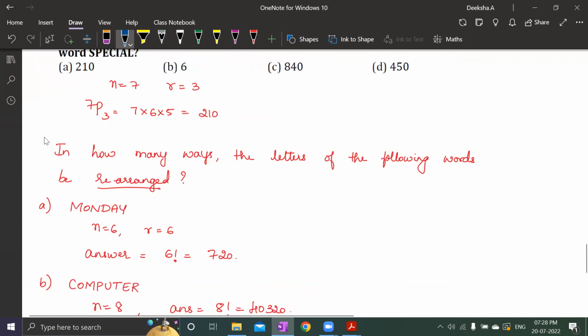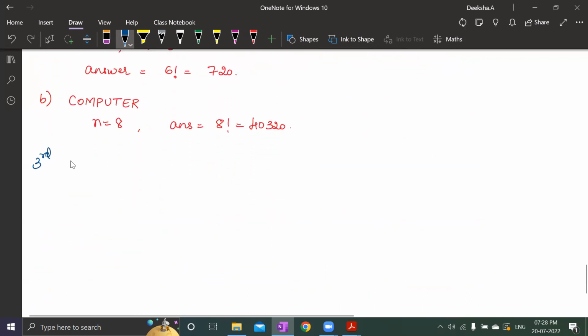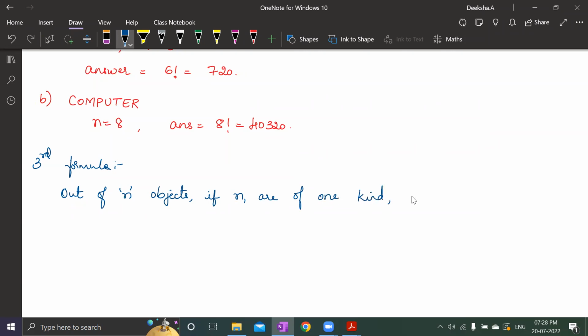There you write the third formula, which is: out of n objects, if n1 objects are of one kind, n2 are of a second kind, etc.